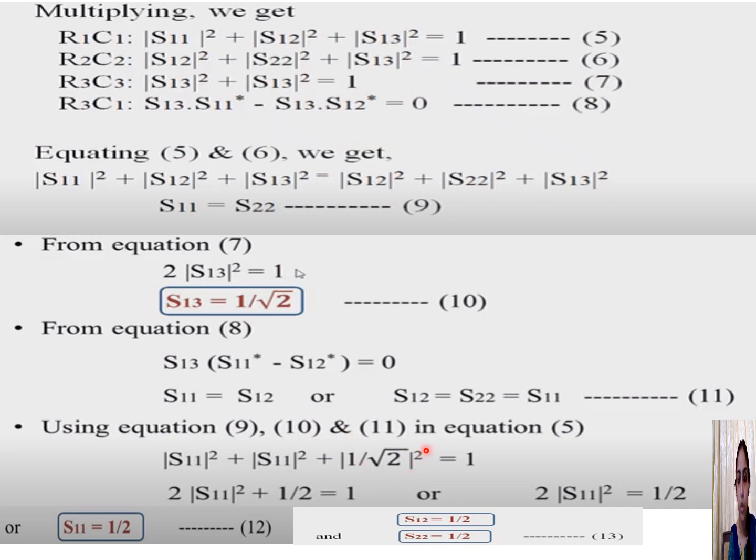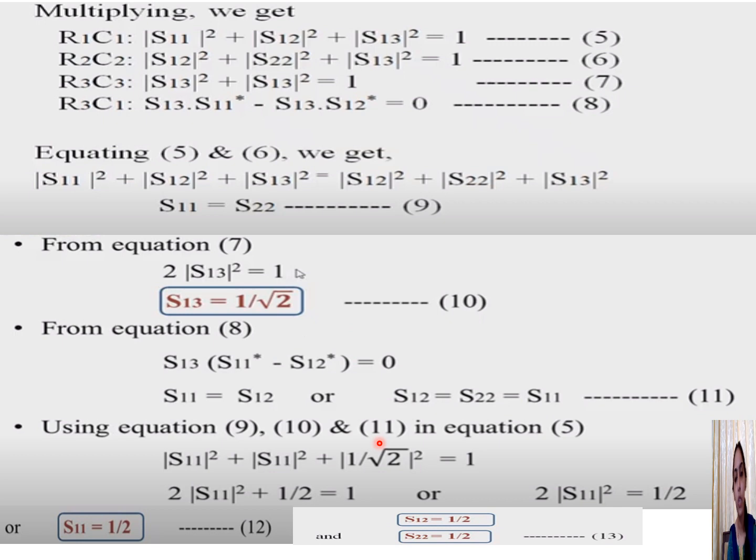So that 1 by root 2 the whole square is equal to 1. So we get the value of S11. And if we get the value of S11, we will get the value of S22 and S12 to be also equal to 1 by 2. Okay, so S11 we get it as 1 by 2. Similarly, S12 and S22 will also be equal to 1 by 2.